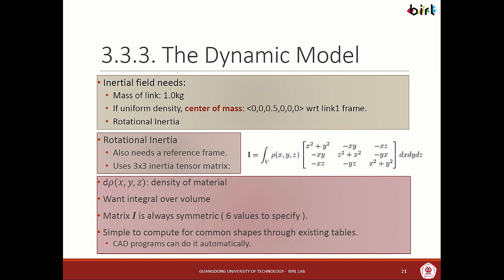If we're looking at a 3-dimensional object, we're doing an integral over the volume of the density, and then we have this matrix that changes depending on the shape of the object. If you have a square, a rectangle, a cylinder, a wheel, then you have these different equations that help us get an idea of the distribution of weight.